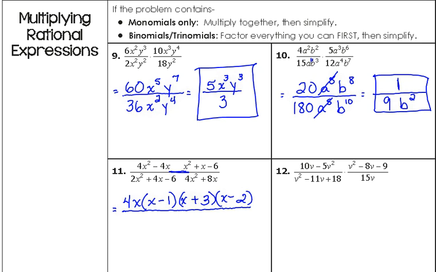Now my denominator. What do we need to do in the denominator there? Pull out a 2 first. Now, just to save myself some space here, I'm going to do that right below the denominator, and then I'm going to finish factoring it down here. So we get x plus 3 times x minus 1.